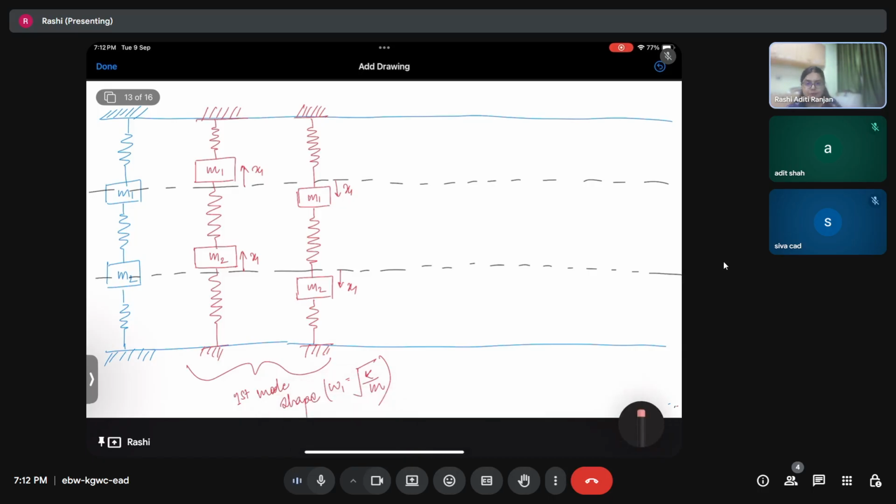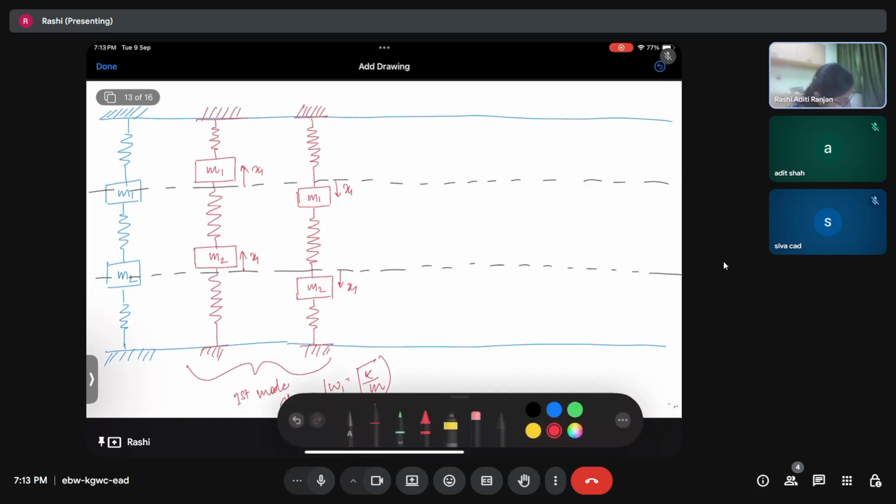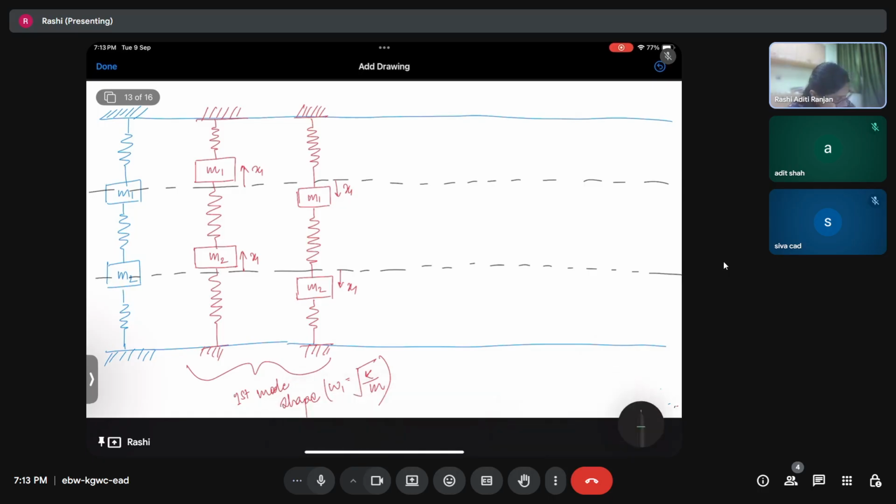So for the second mode shape, if mass m1 is going up, then mass m2 will be going in the opposite direction, which is down to the reference.